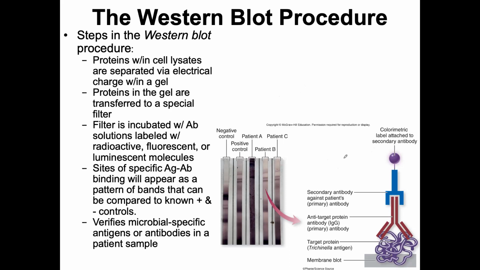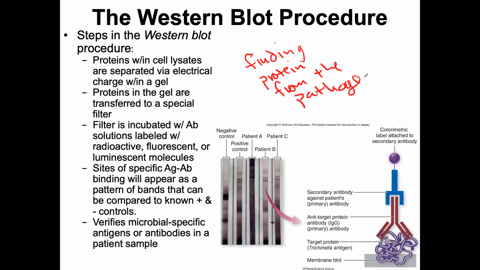That tells us that that protein is there in the sample and lets us indicate that that particular pathogen is there, right? So here we are finding protein from the pathogen, and the antibody is our tool.